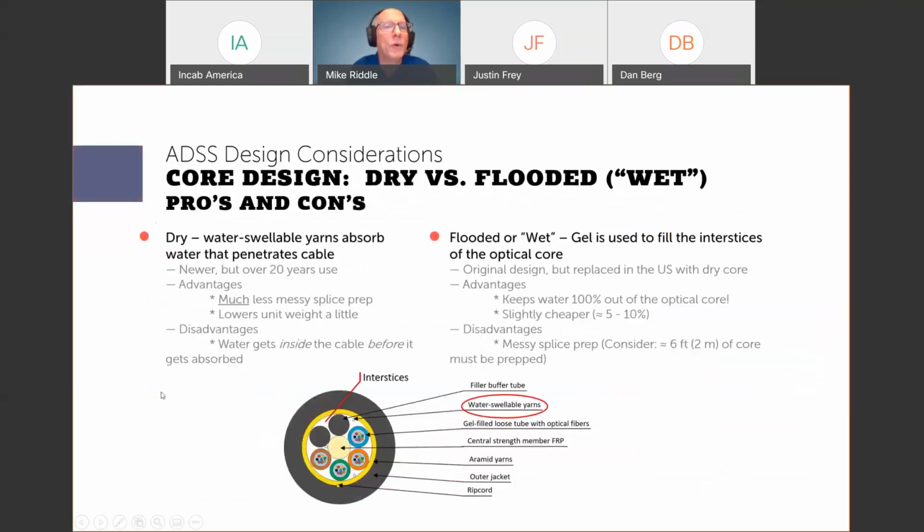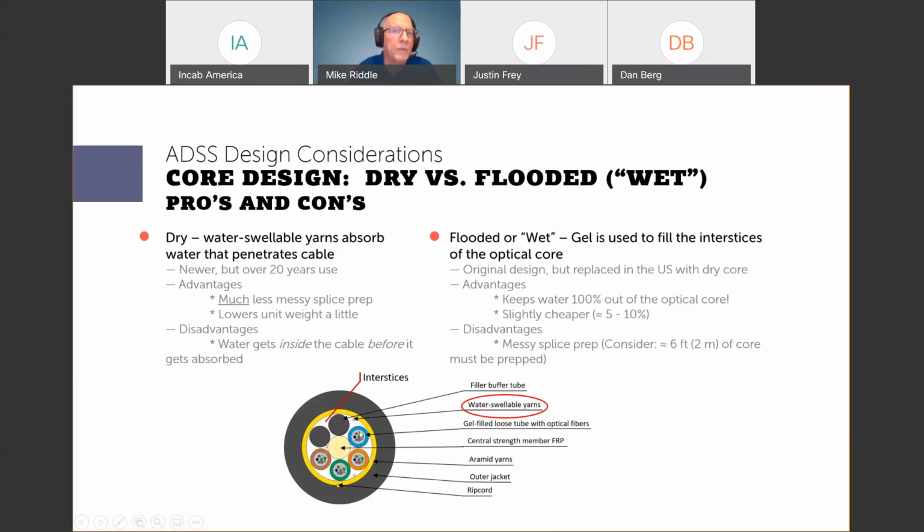Next up, core design. There are two choices, dry versus flooded, also called a wet core. The issue with this is in the core, between the tubes, and like in this cable, there's a place for six elements around the center strength member.